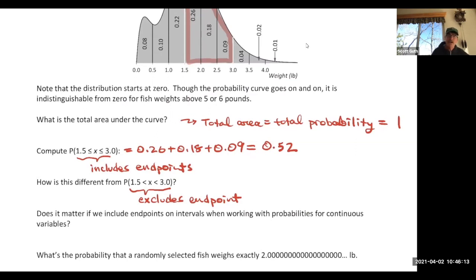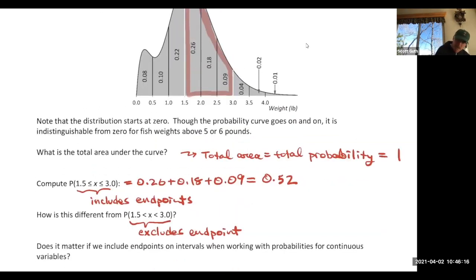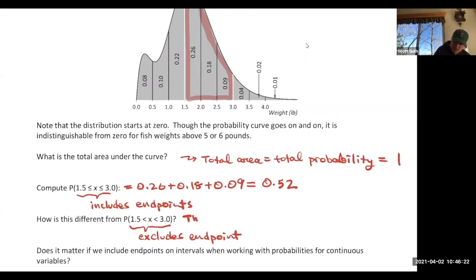Okay, so how is it different? I guess we would say this gives the same result. Let me change something real quick here. Okay, this gives the same result.